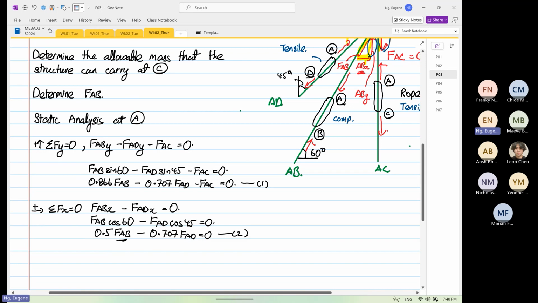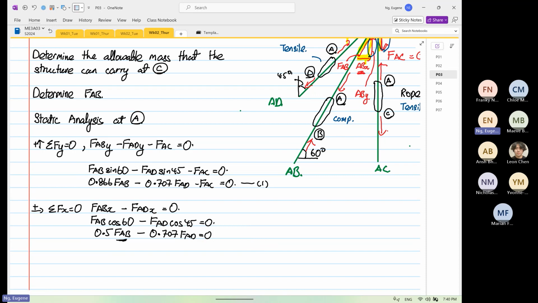So from here, from equation 2, we can also formulate that FAD is equal to 0.5 FAB divided by 0.707.